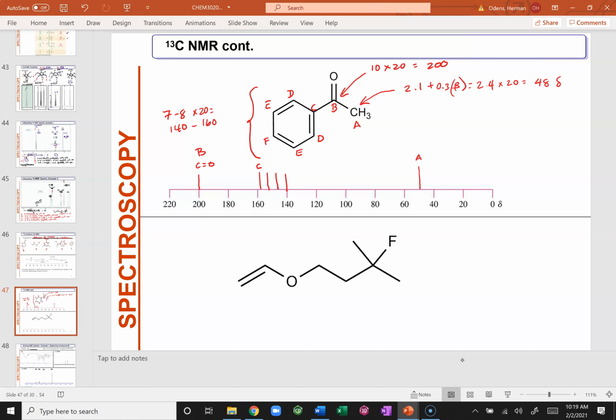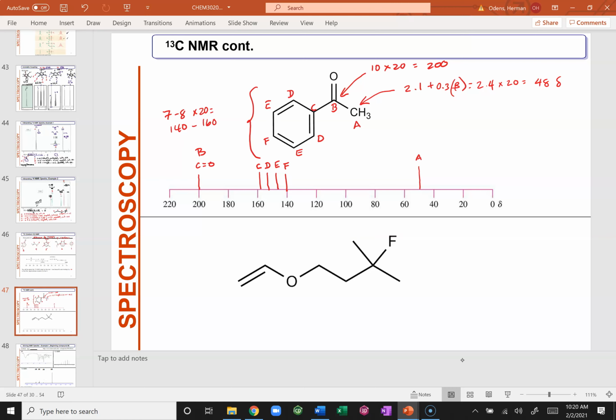The F. Because it's the farthest from the electron withdrawing group. And then the question is E and D. Which one's still closer to the carbonyl? D. So D has to be dragged more downfield, and then therefore E will be the one right there. How cool is that? You can assign carbon NMRs now.